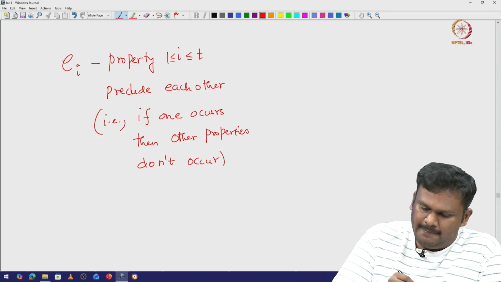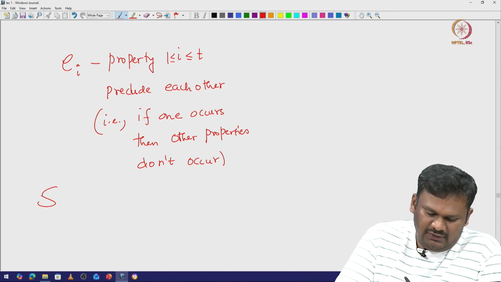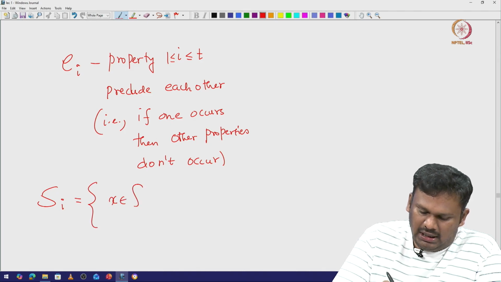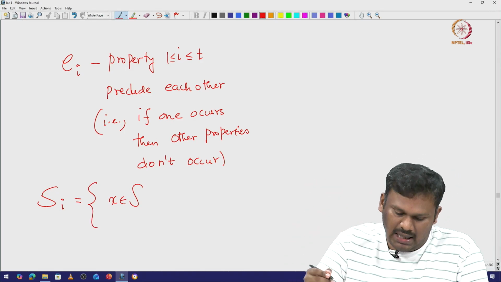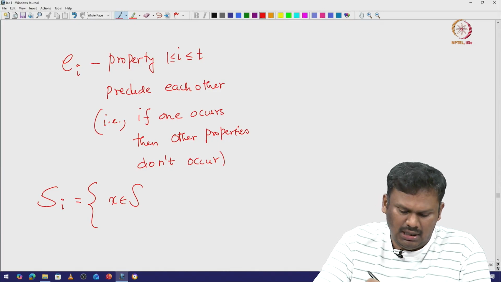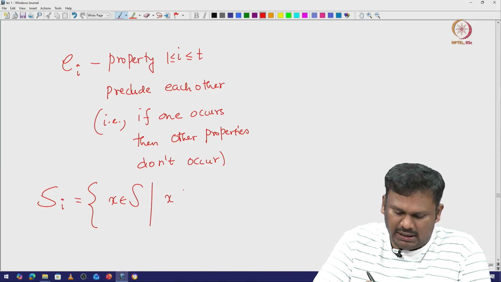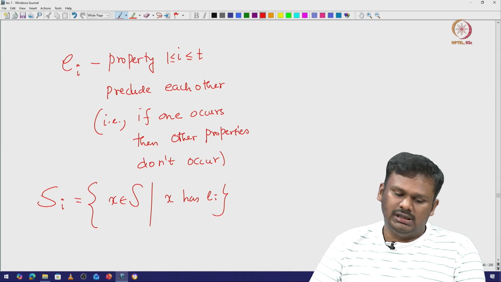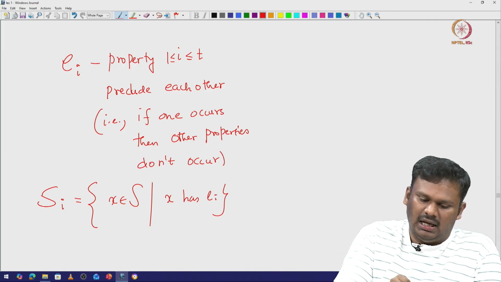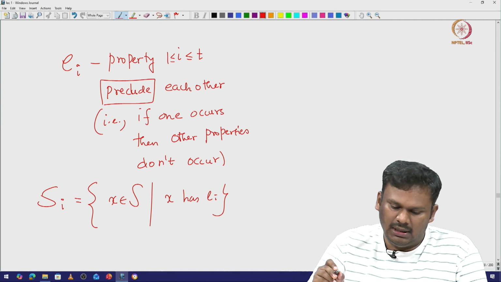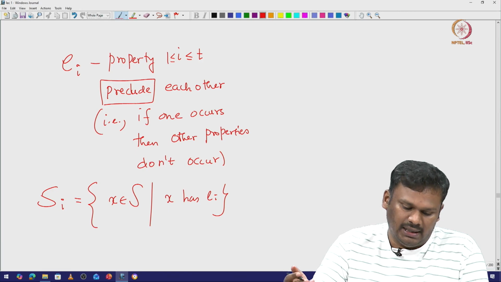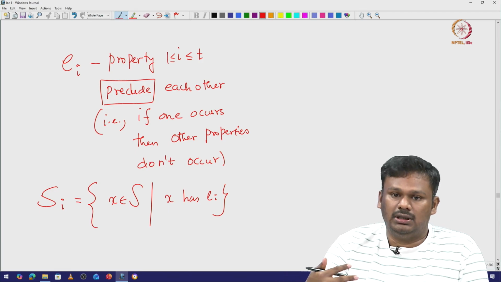So, now what we will do in practice, we will define a set Si where you collect all the elements from the given ambient set capital S such that this x has this property Ei. Since the way we have chosen the property, if one occurs then the other properties do not occur, that would imply that these Si's are all disjoint.